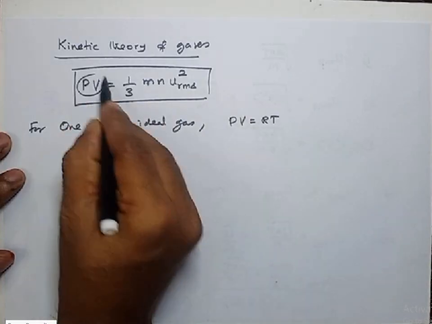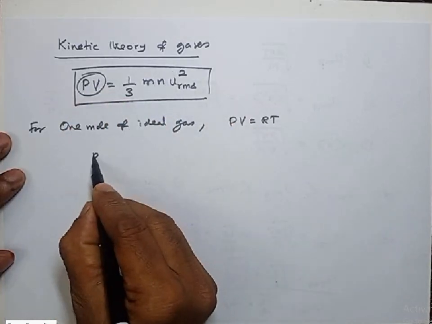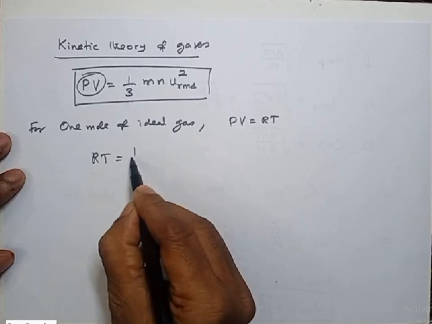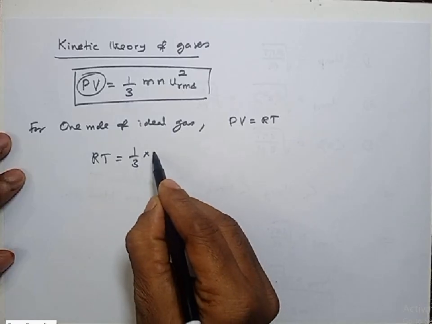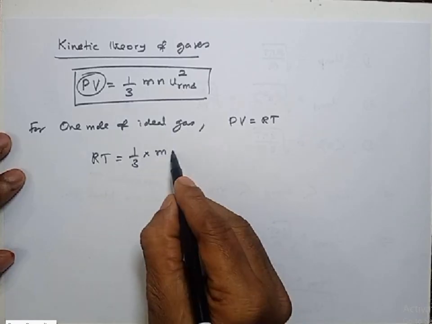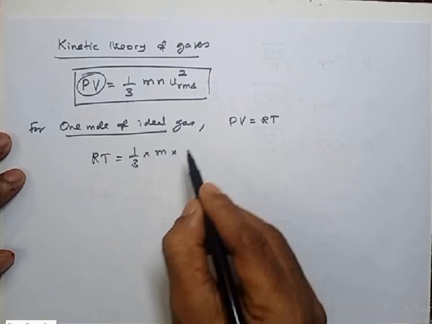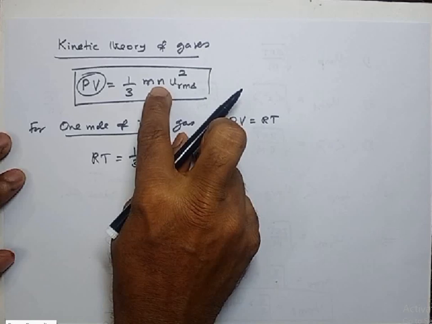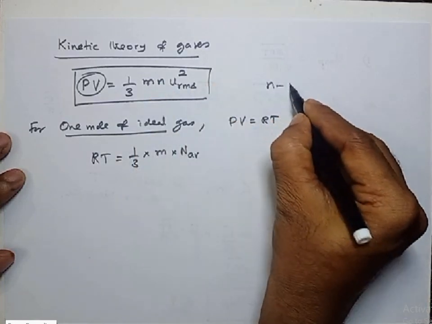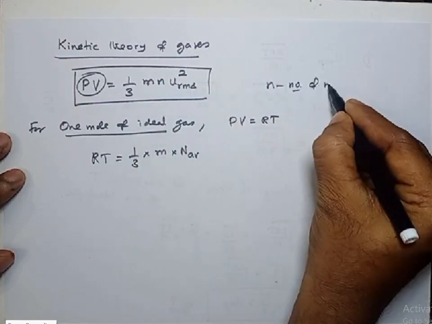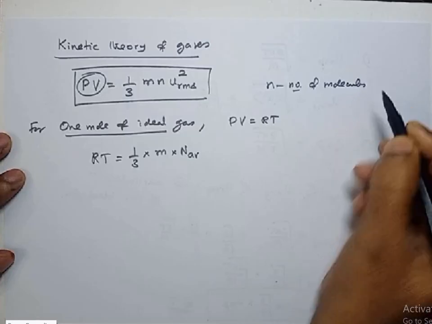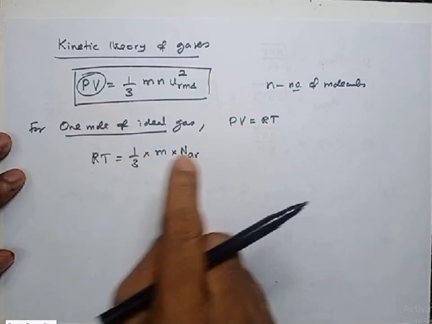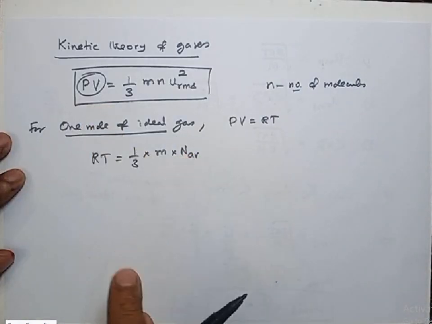So in the place of PV, I'll put RT. So we get RT is equal to 1 by 3 into m, the mass of 1 molecule. Now we have taken 1 mole of gas, so the total number of molecules is nothing but Avogadro number. 1 mole means it contains Avogadro number of molecules.